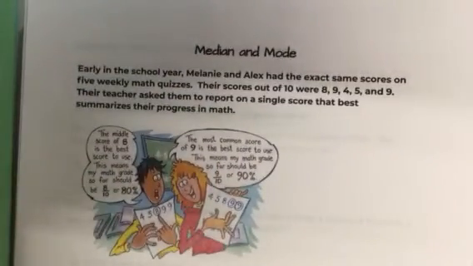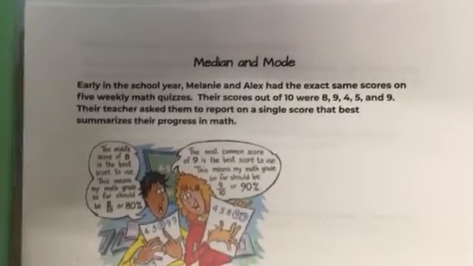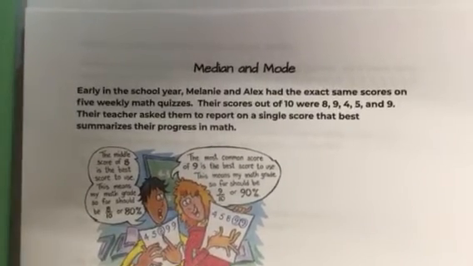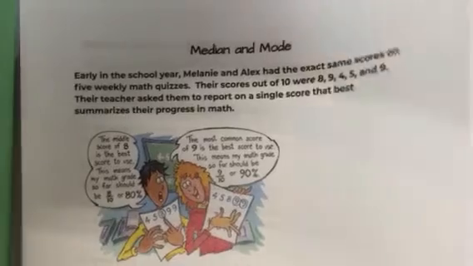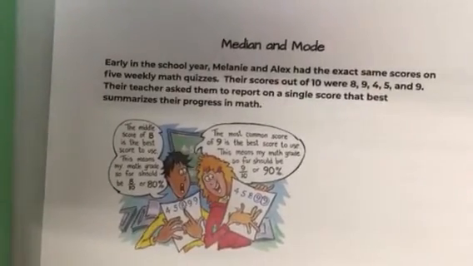Okay, so for grade 7s, we are going on to mean, median, and mode. And then next package, we'll be doing some stuff with range and outliers.